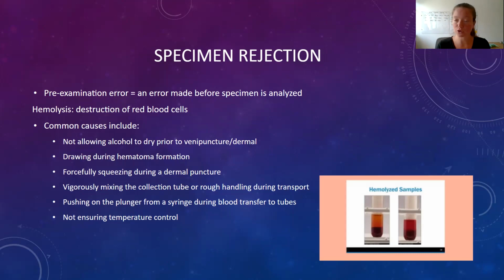If we've done a capillary or dermal puncture and we squeeze too forcefully. If when we're inverting, we're not doing it gently and we're instead shaking too vigorously. If we're using a syringe method for transferring blood and we use force on that plunger. Or just roughly transporting our specimens from the collection site to the laboratory.